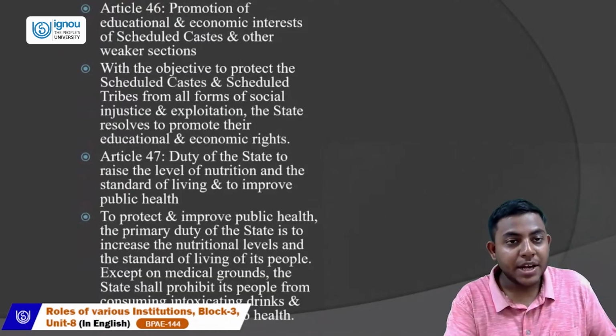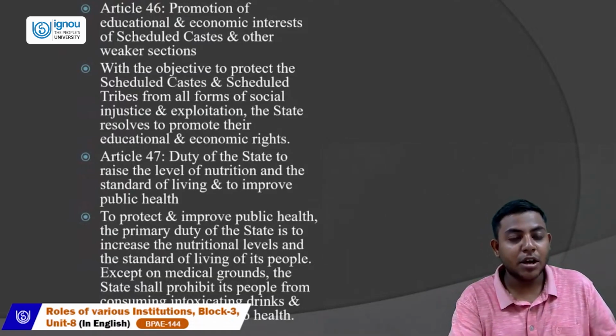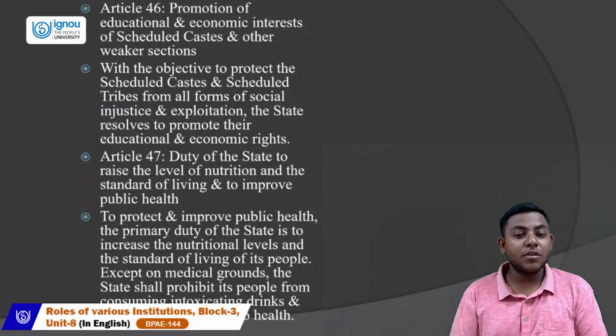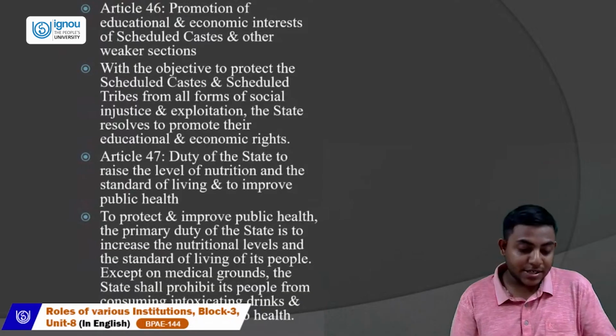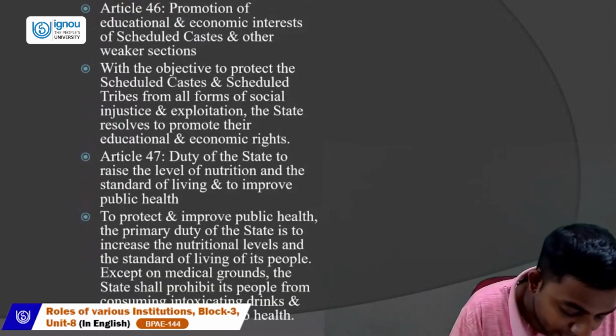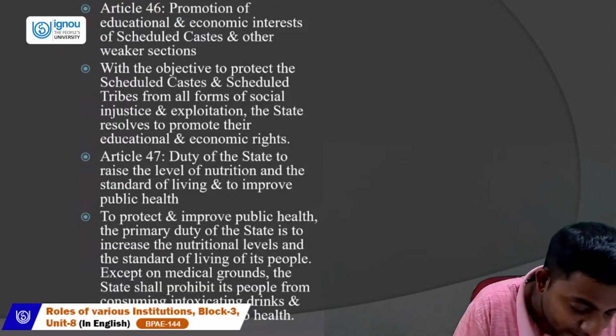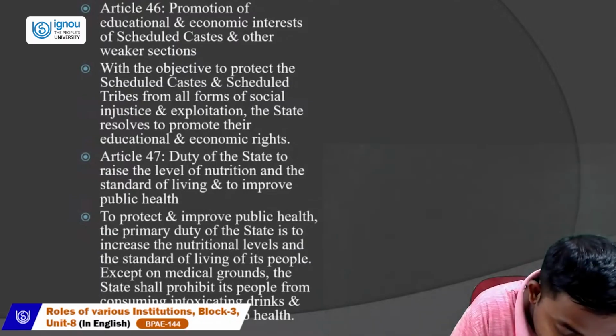So Article 46 also says that with the objective to protect the scheduled castes and scheduled tribes from all forms of social injustice and exploitation, the state resolves to promote their educational and economic rights. And also it is a part of Article 335 as well.